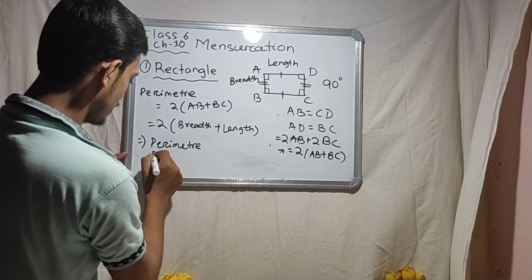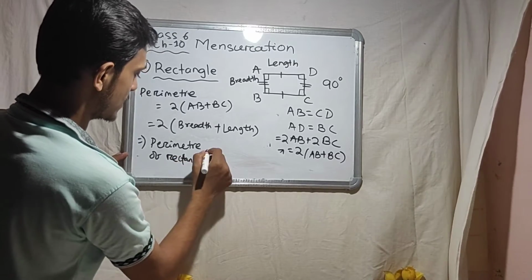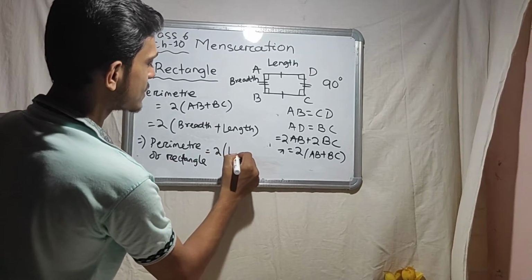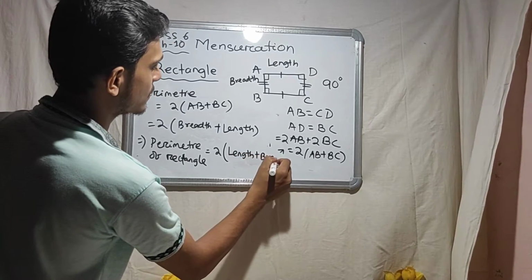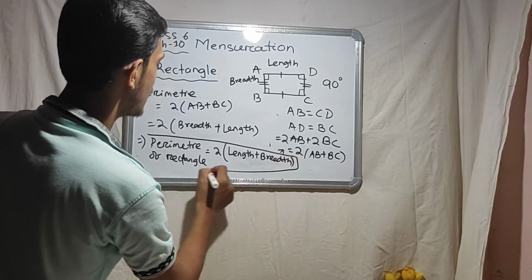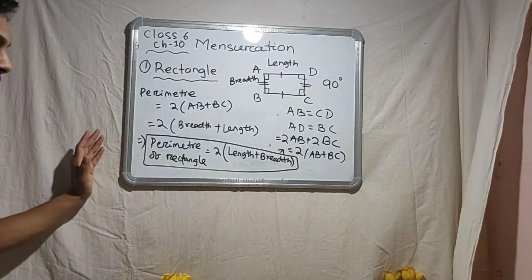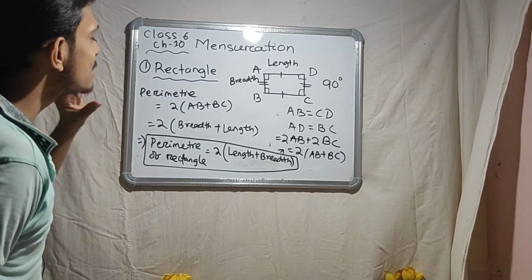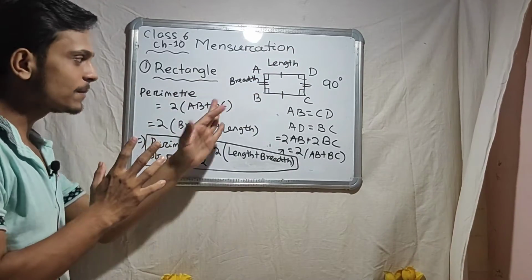So this is the formula for the perimeter of any rectangle: 2 multiplied by the sum of length and breadth. Clear my point? It is basic that the perimeter is the sum of the lengths of all sides.